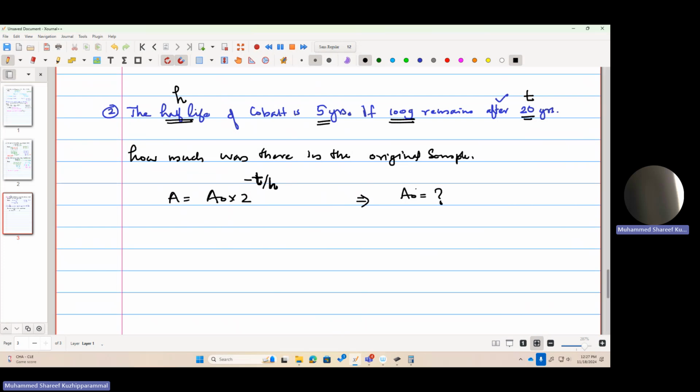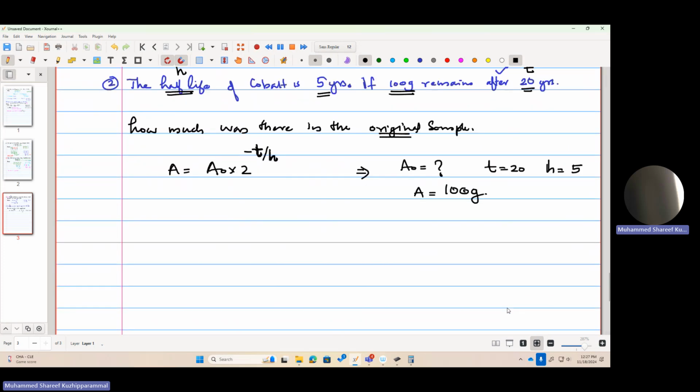This I don't know, because they are asking you this. So A naught they did not give you. T is how much? 20. H is how much? 5. And the amount of substance after 20 years is how much? 100 gram.